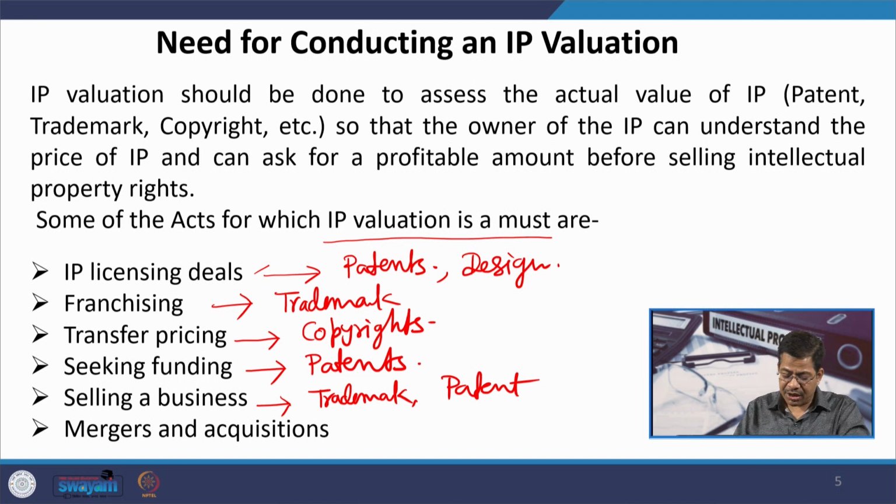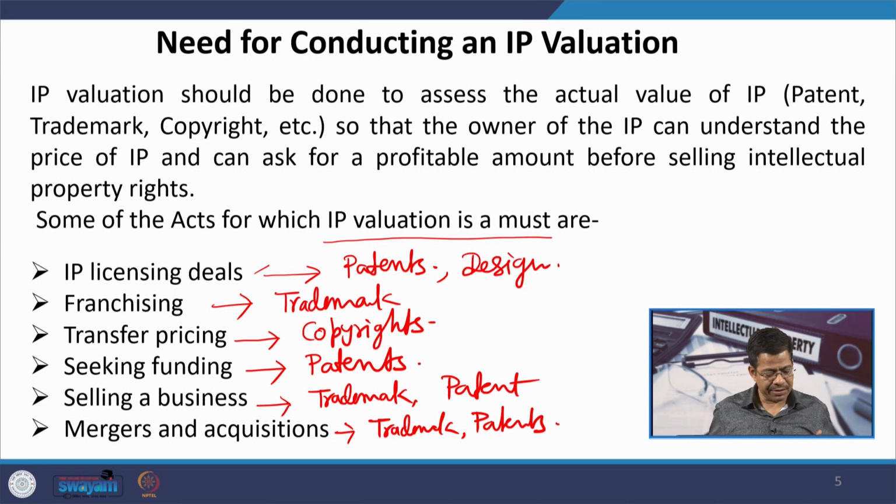And mergers and acquisitions are also the same, trademark and patent. Because in our business we are doing all these types of activities, and all these activities are not possible without knowing the correct value of your IP assets. Therefore, we say that IP valuation is important for all these important things.